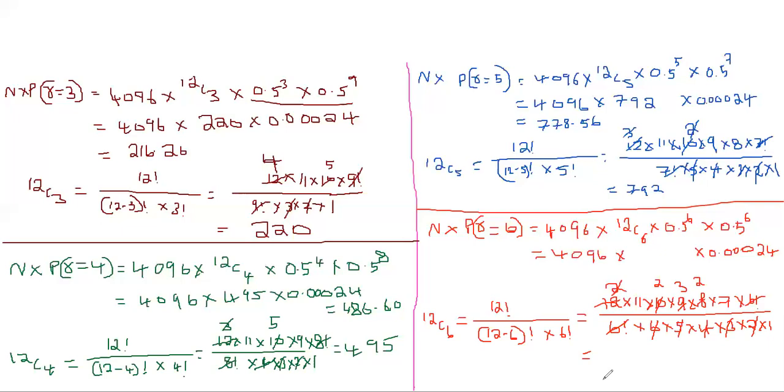You get 924. So 924 you substitute here and you will get 908.32. So I will wait for 1 minute. Please copy this.